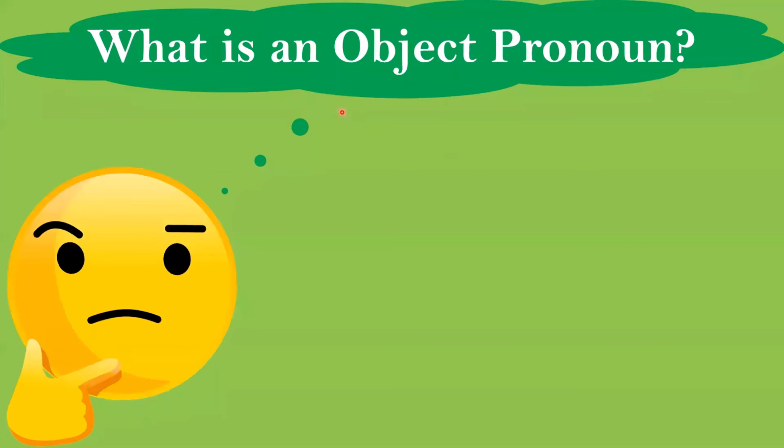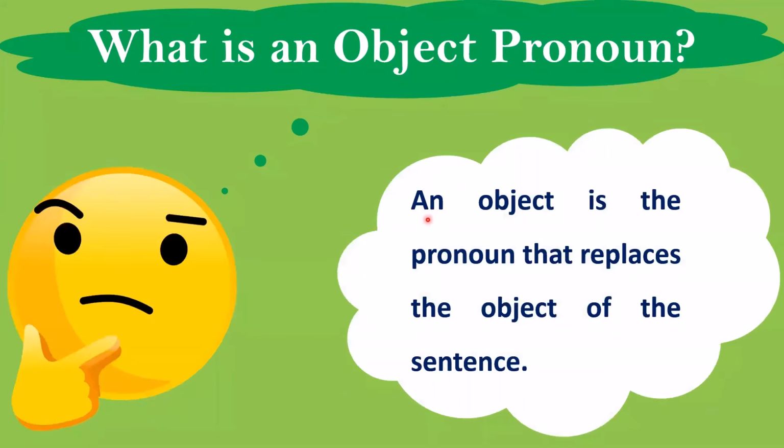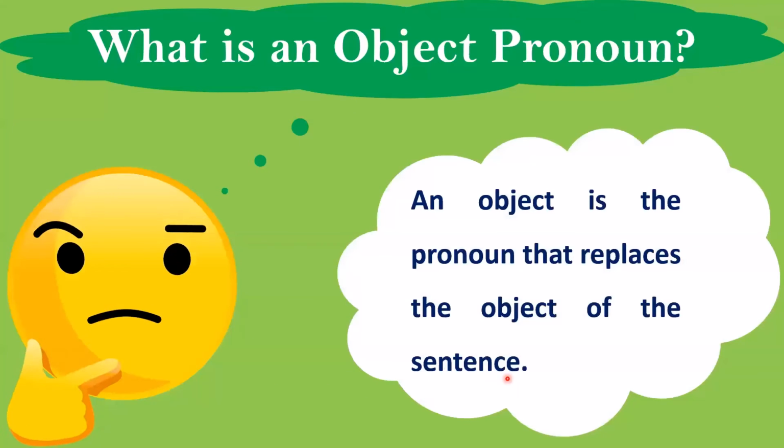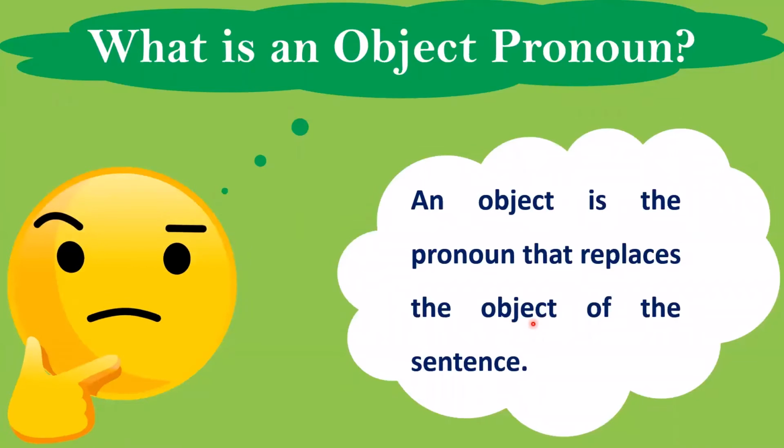Now we will study about object pronoun. What is an object pronoun? An object pronoun is a pronoun that replaces the object of the sentence. In any sentence, if a pronoun is replacing the object, then it is known as an object pronoun. So children, again the question comes, what is an object in a sentence?